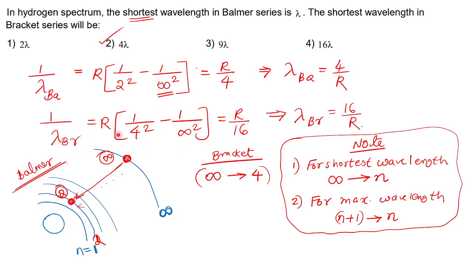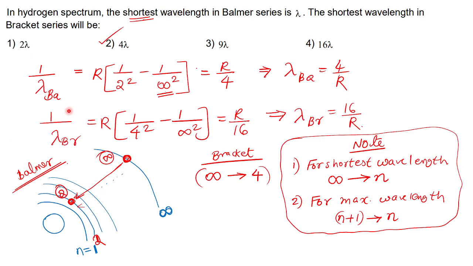Taking the reciprocal on both sides, lambda for the Brackett series equals 16 by R. Till this step you are okay?